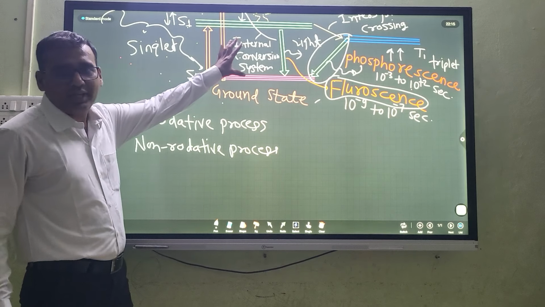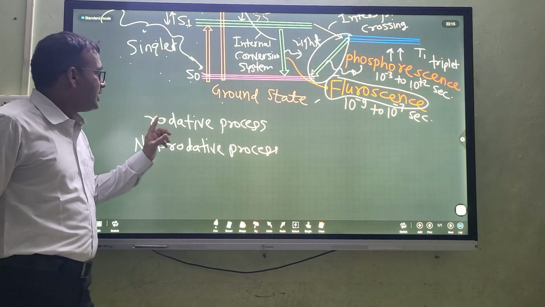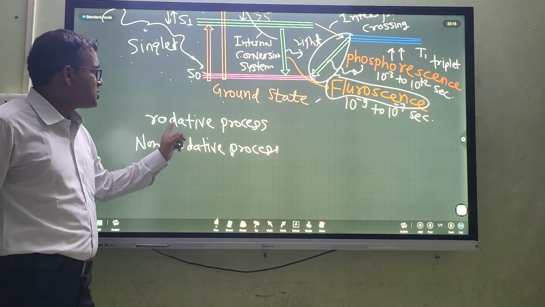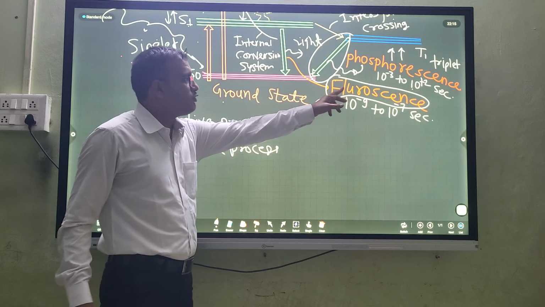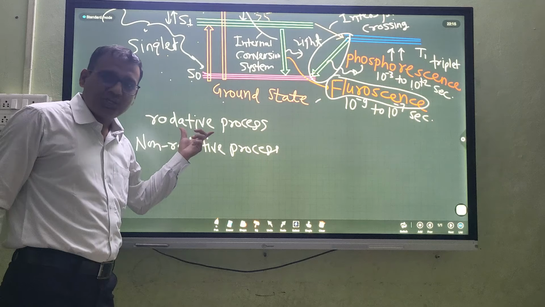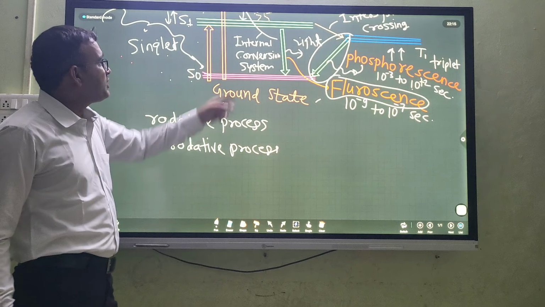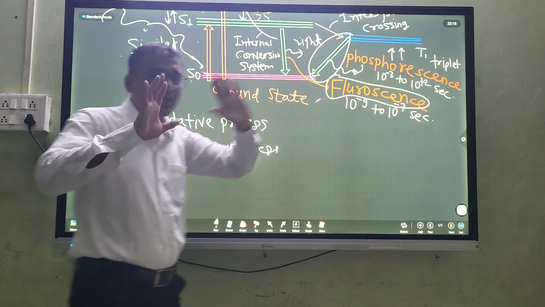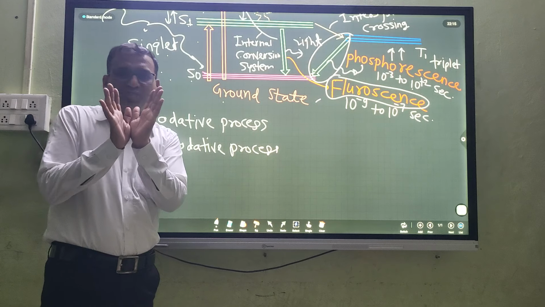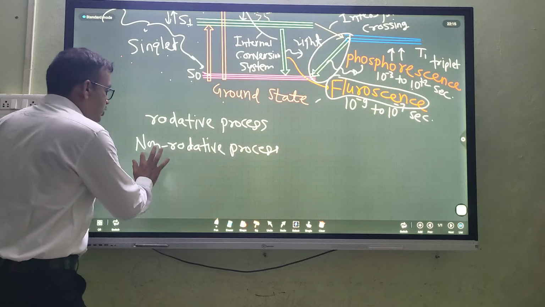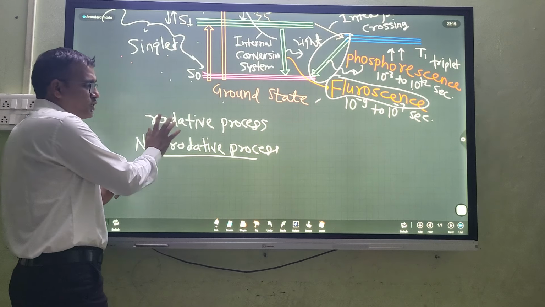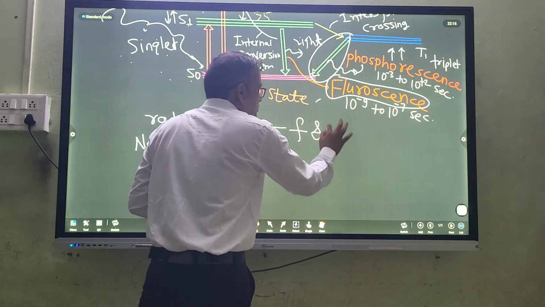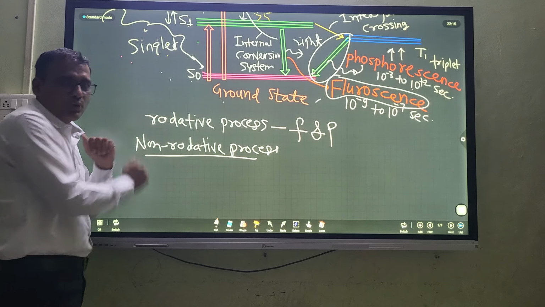Now in this diagram, there are two processes: radiative and non-radiative. Fluorescence and phosphorescence are the radiative processes, and the non-radiative processes are internal conversion and intersystem crossing. Light emission does not take place in non-radiative processes.